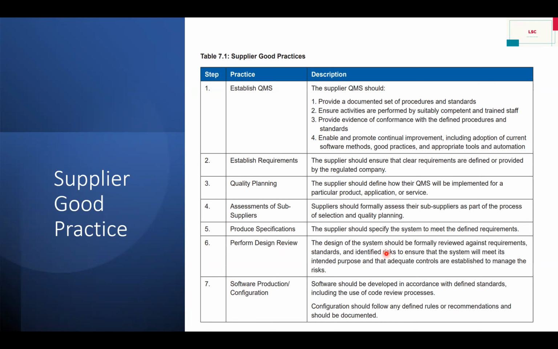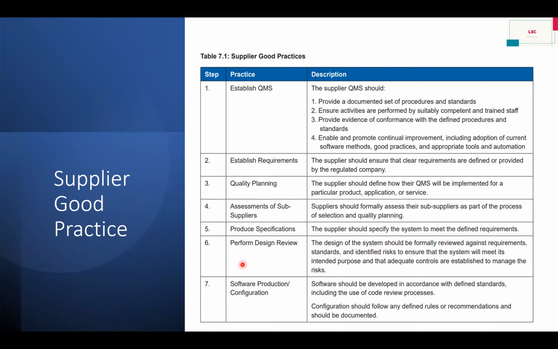The design of the system should be formally reviewed against requirements, standards, and identified risks to ensure that the system will meet its intended purpose and that adequate controls are established to manage the risk. So what is the requirement and how can they design according to a risk-based approach? Whatever the risk to the design or requirement, how can they mitigate that?